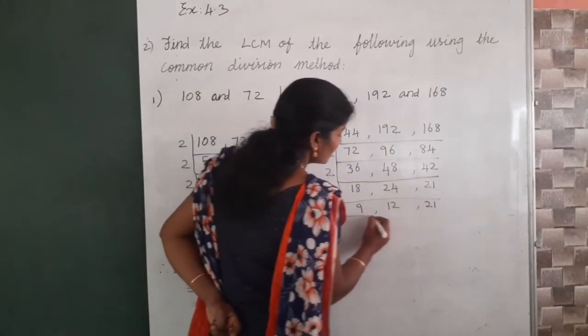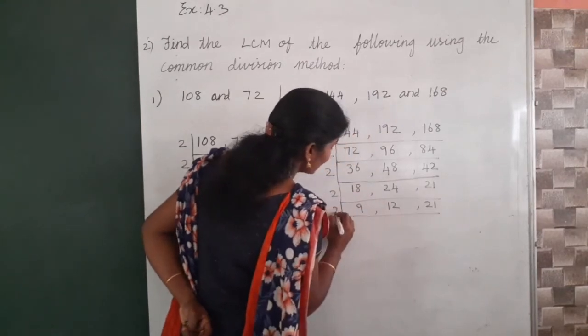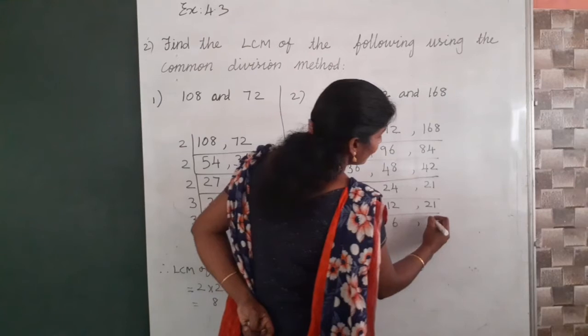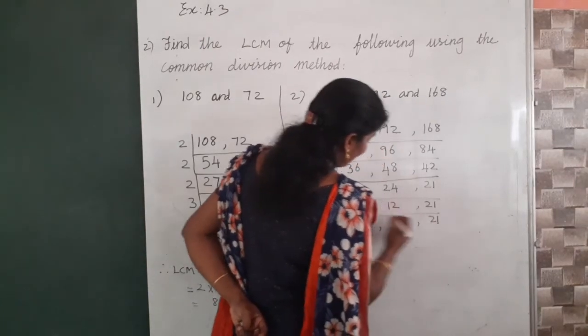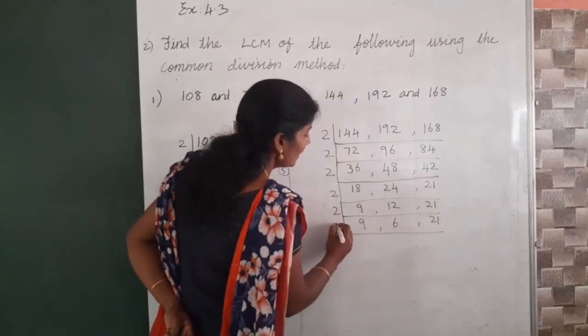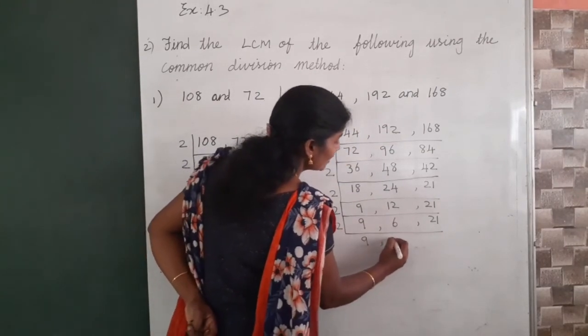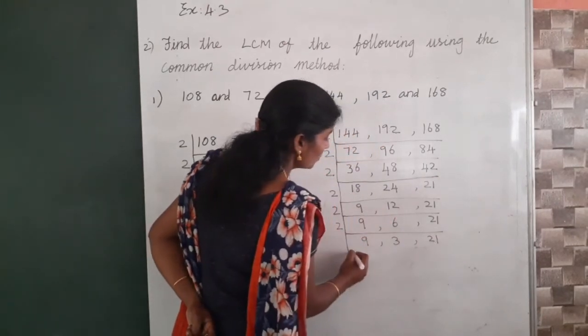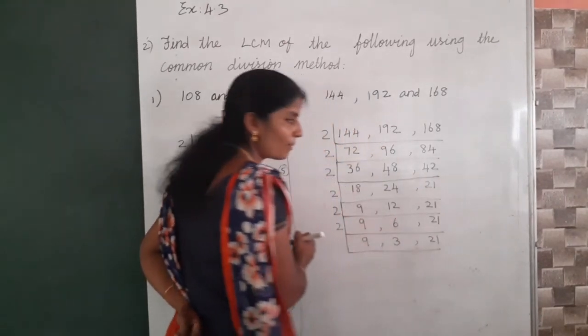Now this 12 is in 2 tables, so we can take 2 table. 9, 6 2s are 12, then 21. Okay. Now we can take again 2 table. 9, 3 2s are 6, 21. Because 9 and 21 is an odd number that is not divisible by 2.